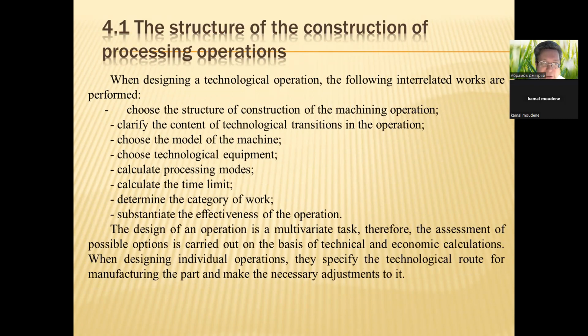When designing a technological operation, the following interrelated works are performed. Choose the structure of construction of the machining operation. Clarify the content of technological transition in the operation. Choose the model of the machine. Choose technological equipment.